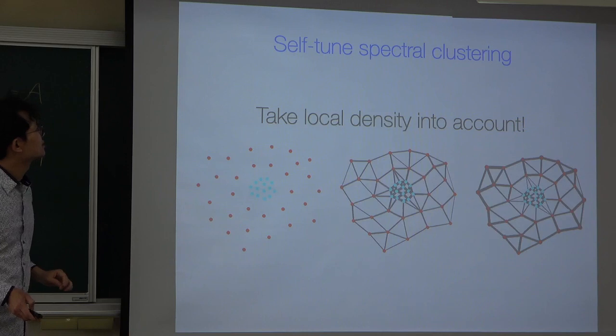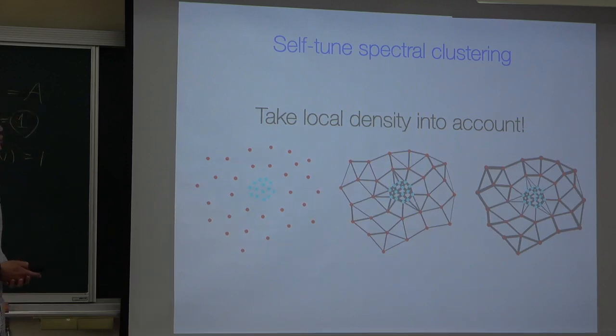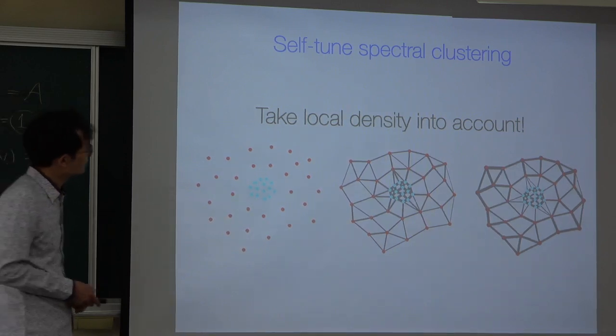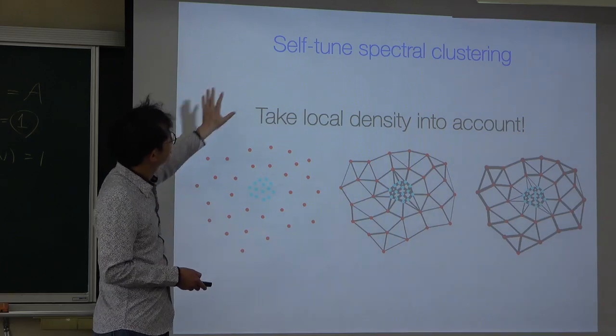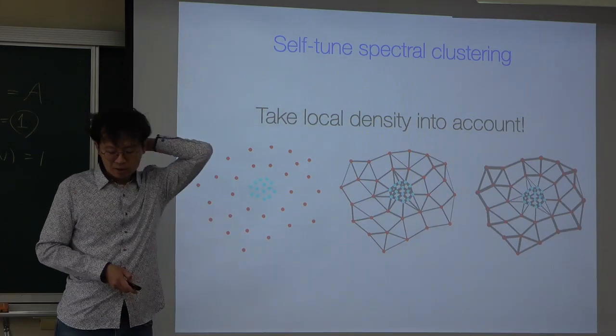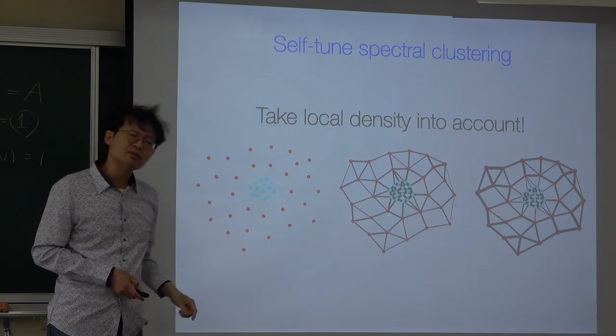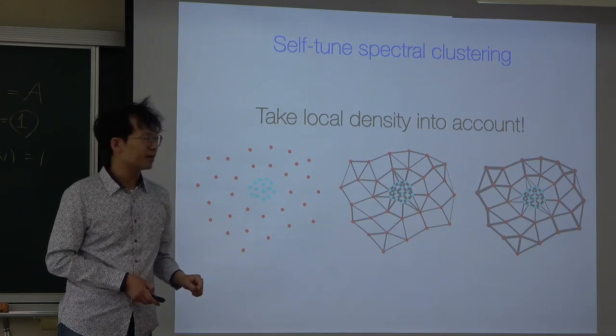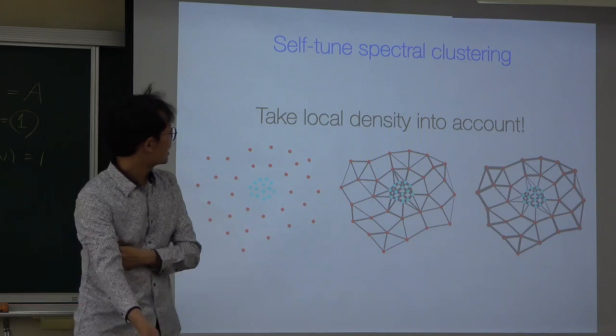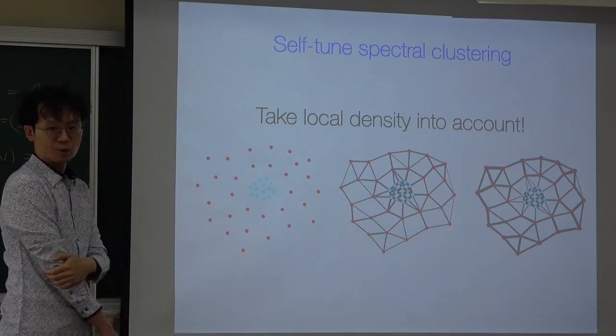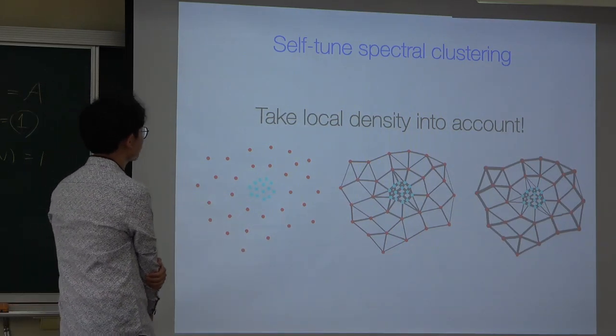So what people considered was called self-tuned spectral clustering. This is the paper, which I forgot to cite again, published in 2006 by a group from Caltech. So they take the density into account.